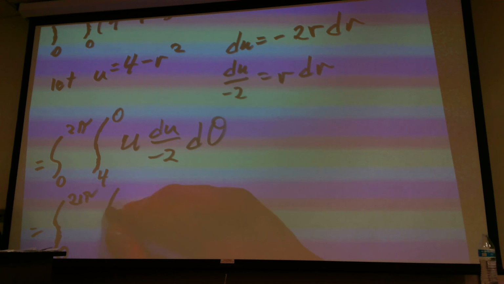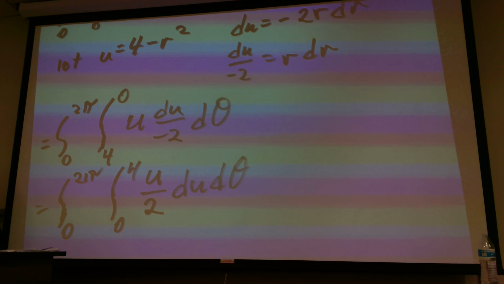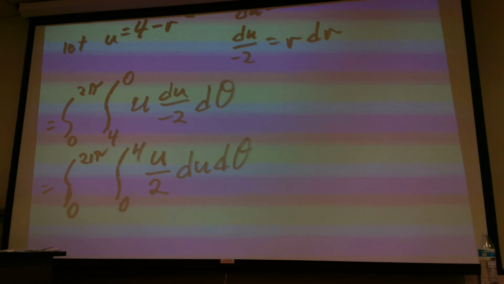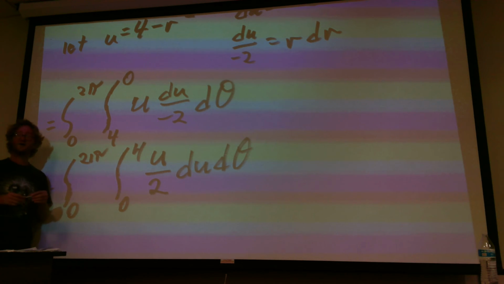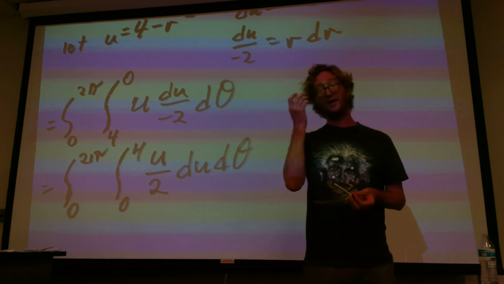So this becomes the integral from 0 to 2 pi, and now the integral from 0 to 4 of u divided by 2 du d theta. Now we just have an integral of u divided by 2 with respect to u, and we have our boundaries already.